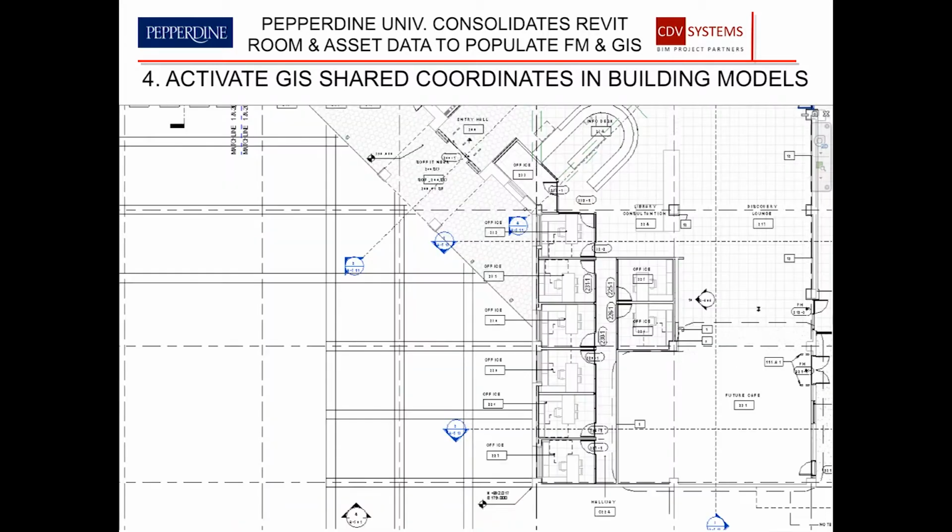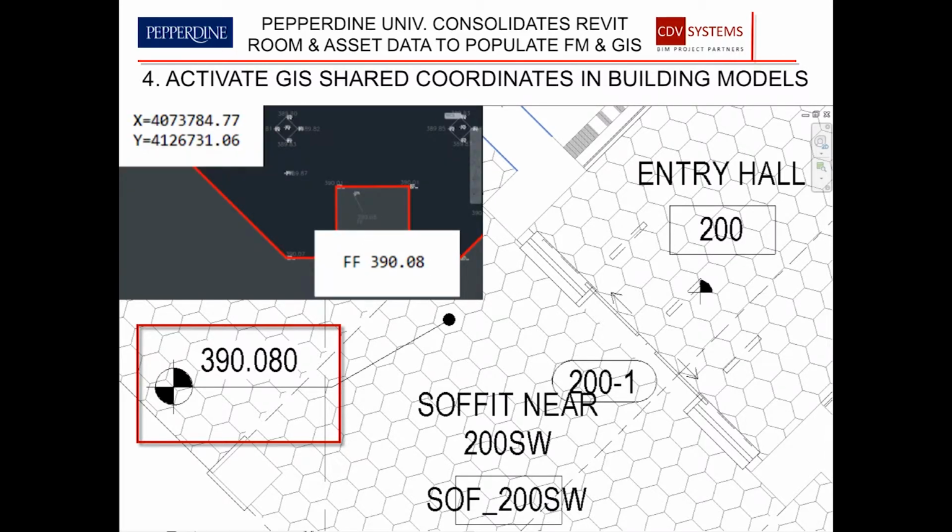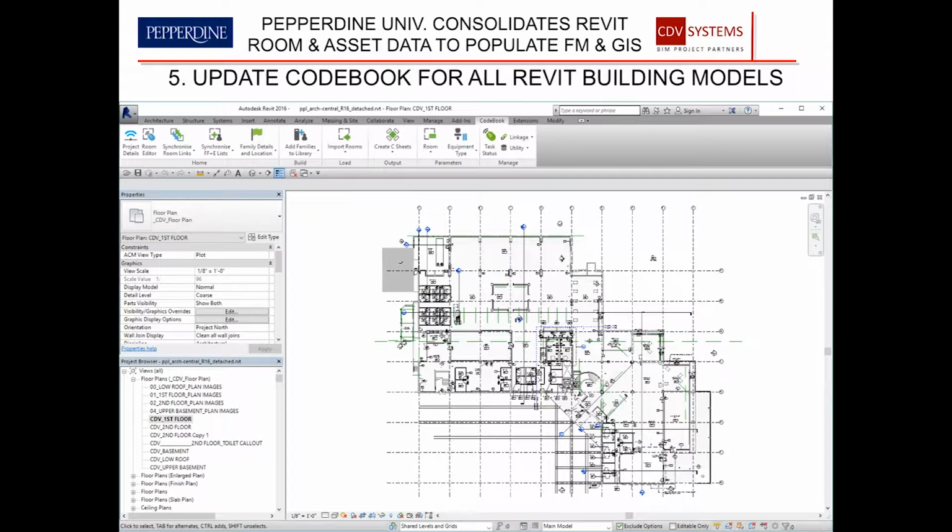Likewise, the finished floor level is the same. There's 390, and there's, again, 390 and some change regarding the finished floor. So the architectural Revit model now understands its position within GIS. And of course, any linked models, we update the shared coordinates of those linked models too. Again, this is standard Revit stuff where the models are all updated.